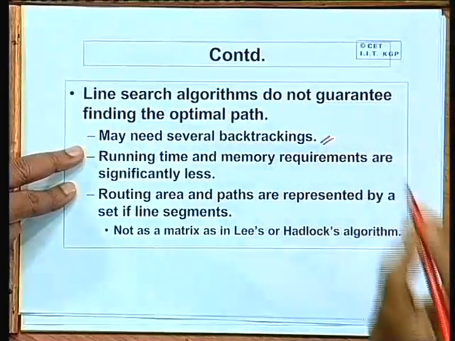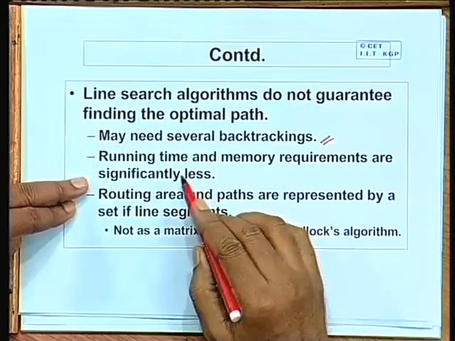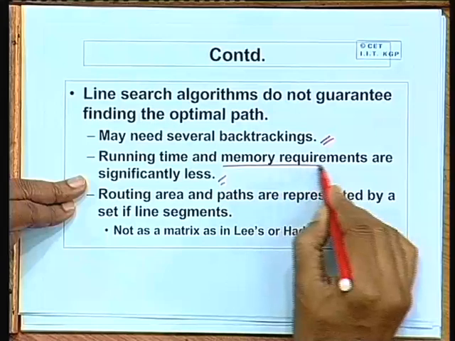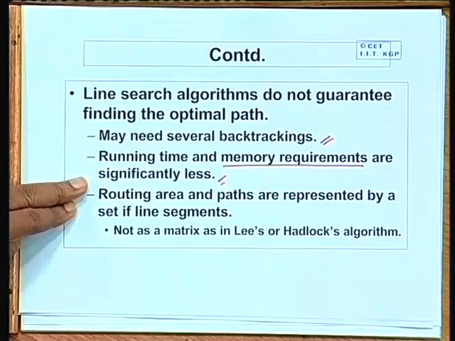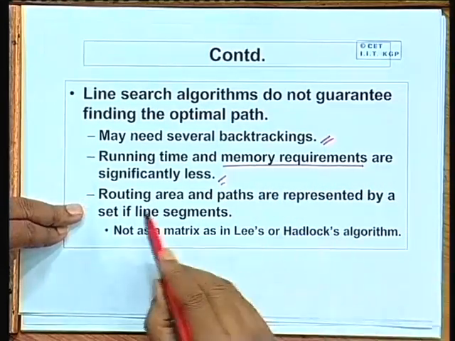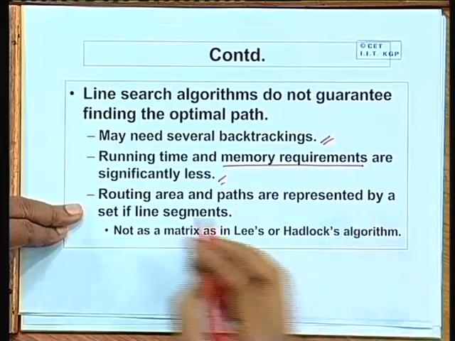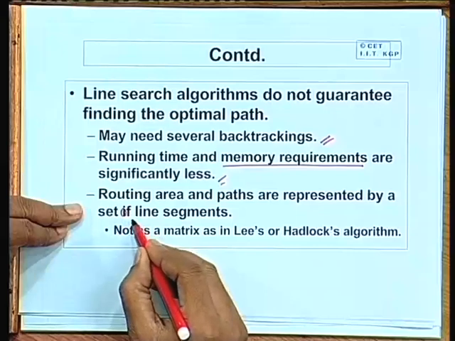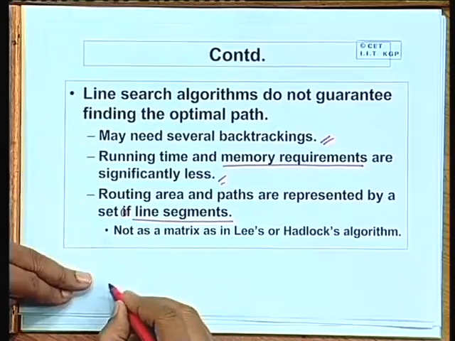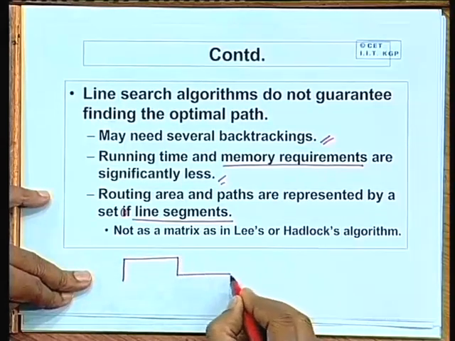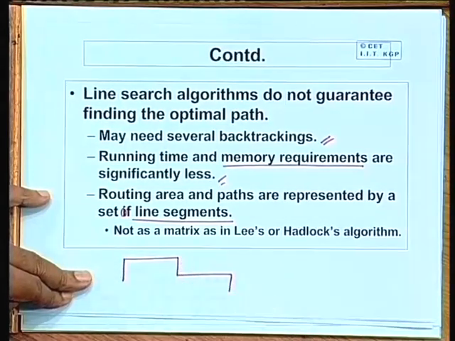Okay. So may need several backtrackings in the presence of obstacles. While the running time and memory requirements are significantly less, in fact memory requirements is drastically low, as we will see, and the routing paths which you finally find out is represented by a set of line segments. So from source maybe you will get a path like this and some straight line segments.